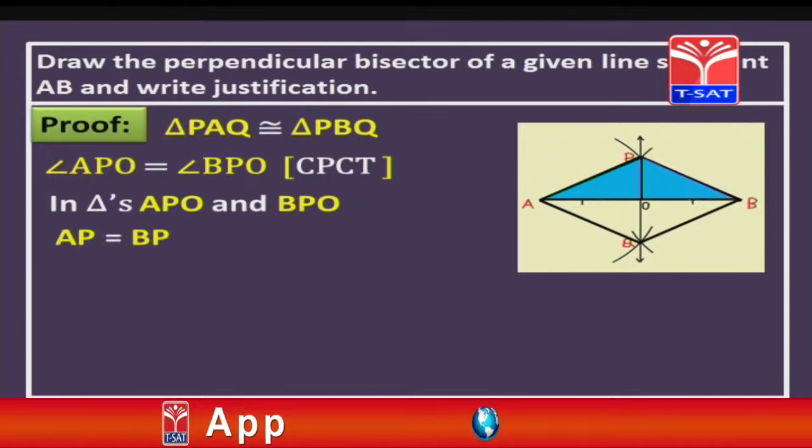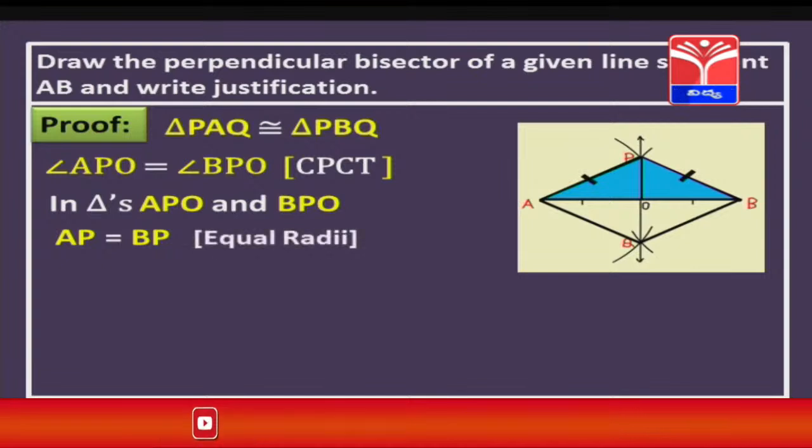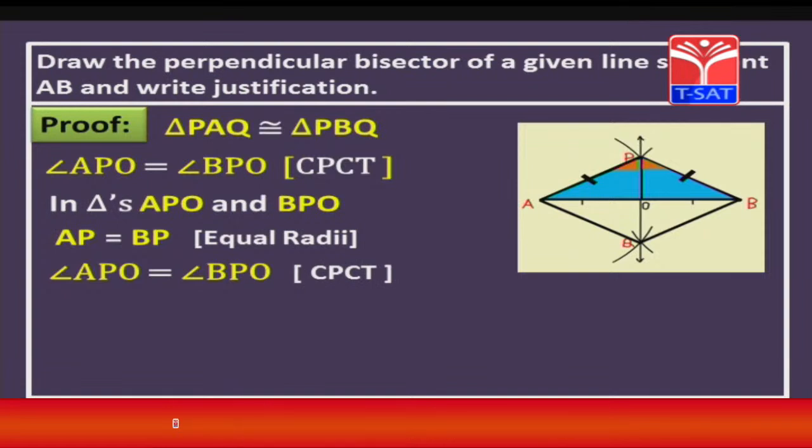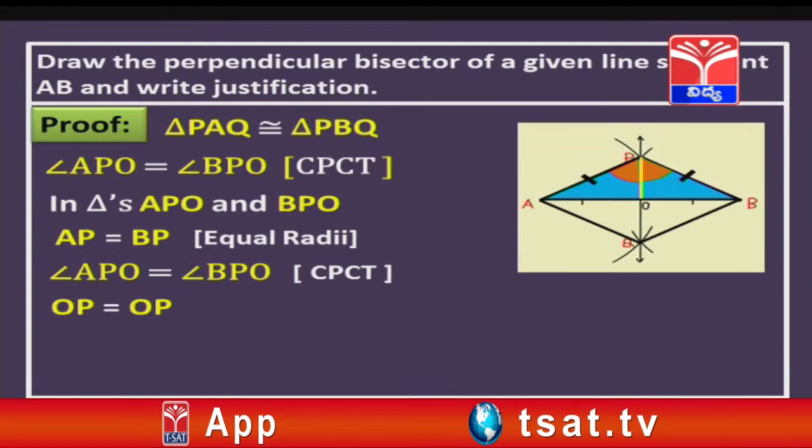Okay, children. Now, let us consider the triangles APO and BPO. Now, in these two triangles, I can write AP and BP, both are equal. Second, what is the reason, children? Yes, equal radii. Then we have angle APO equal to BPO. Just now we have proved it, right, by CPCT. So, these two angles are equal. And if you notice, OP is the common side.